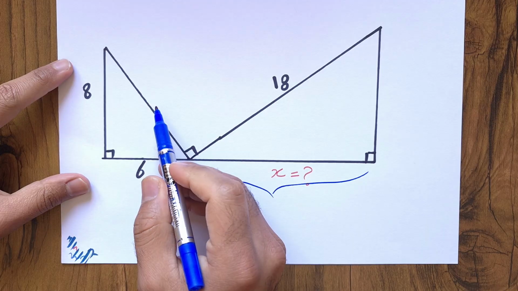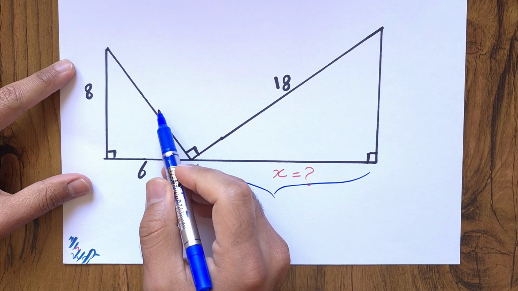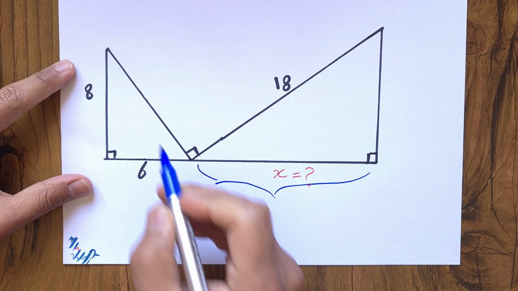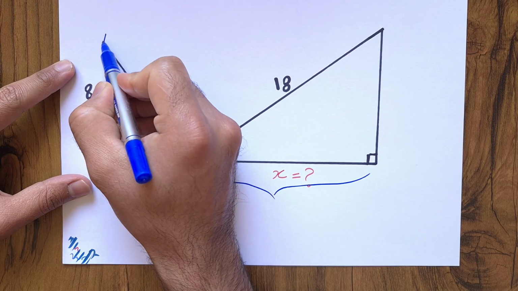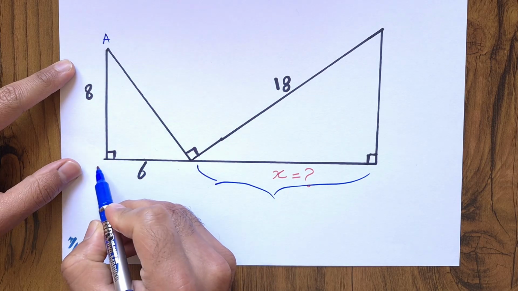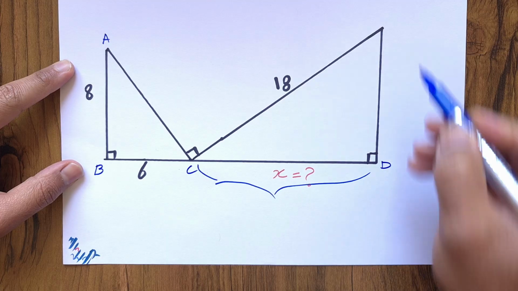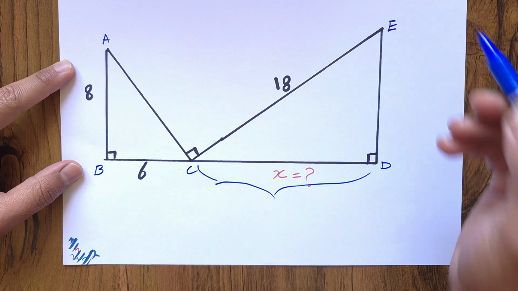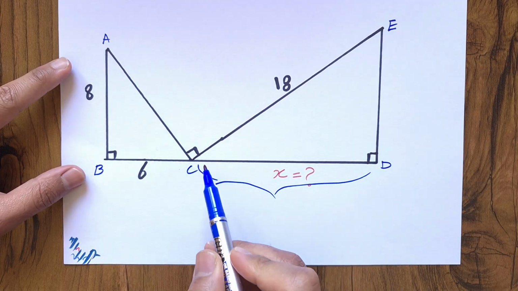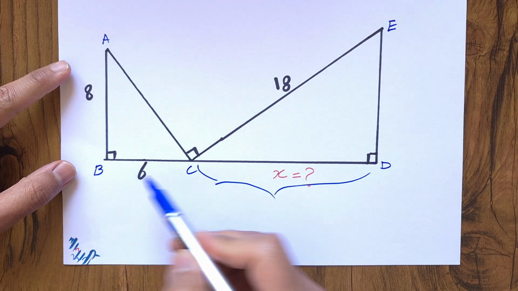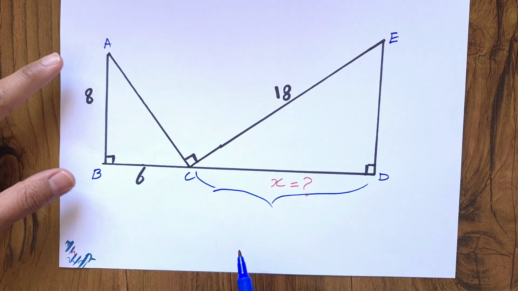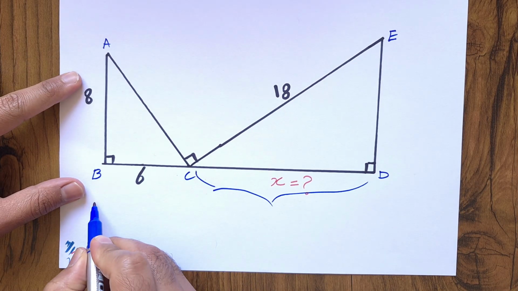So let's find out the value of the hypotenuse using the Pythagoras theorem. Let's denote some names here: A, B, C, D, and E. So we can say AC squared equals AB squared plus BC squared. Let me write it down here.